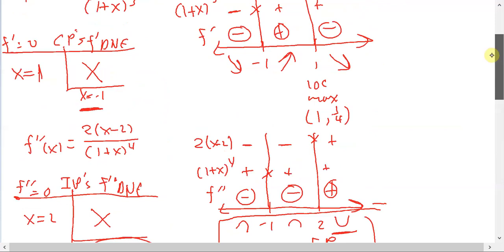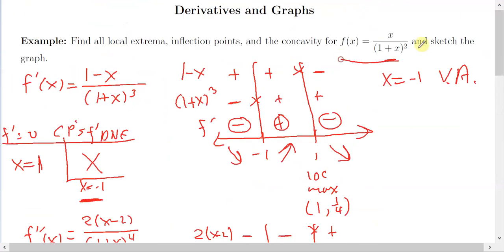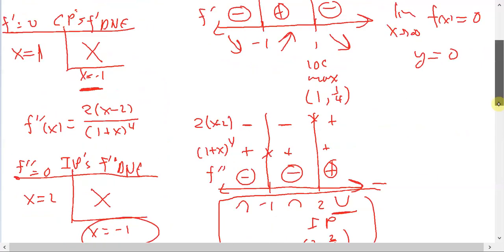And what we've missed is the fact that when I take the limit as x goes to infinity of f, this is a rational function, and we know that when the denominator has the biggest power, which the big power here is going to be x squared, this will go to 0, which means y equals 0 is a horizontal asymptote.